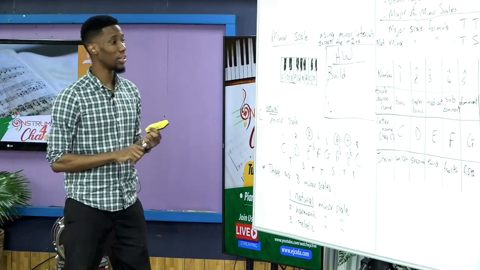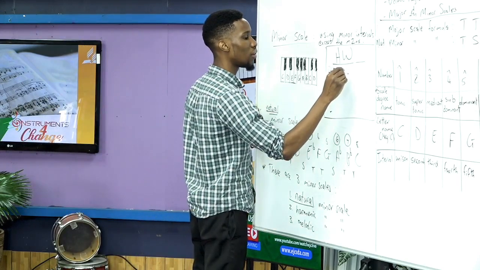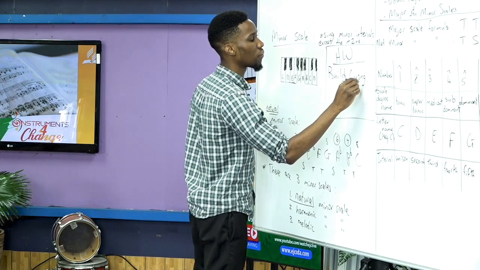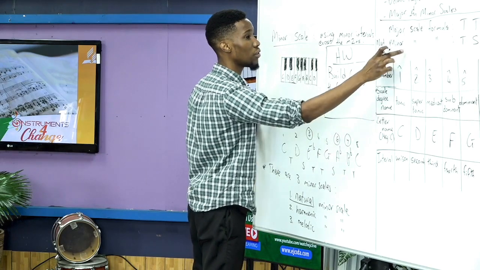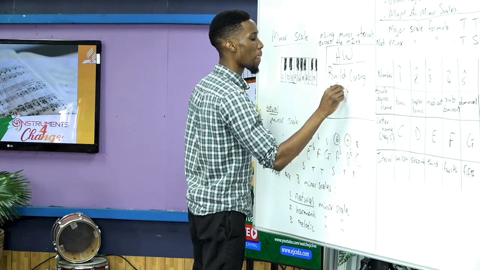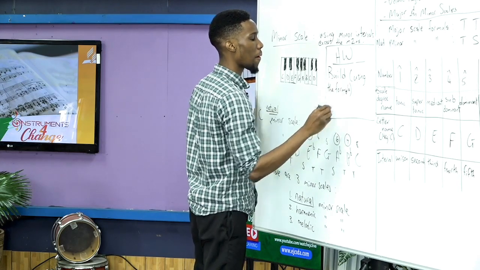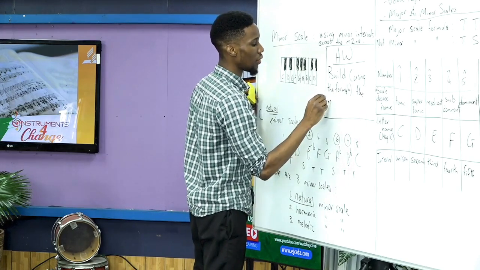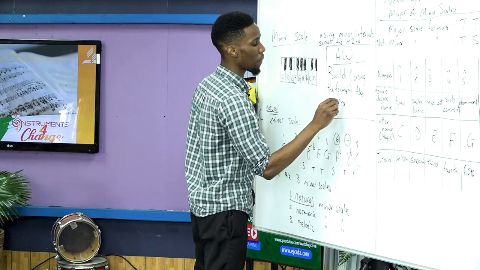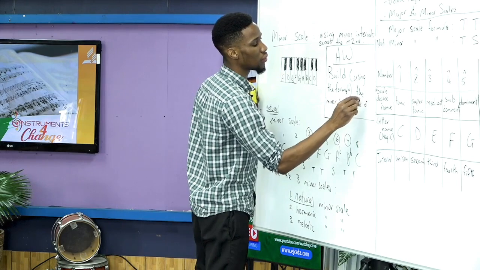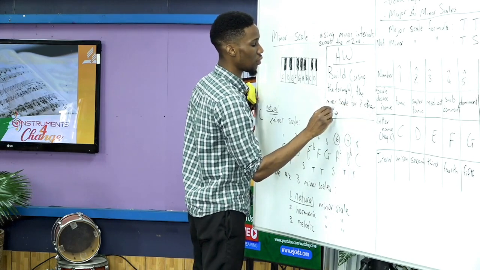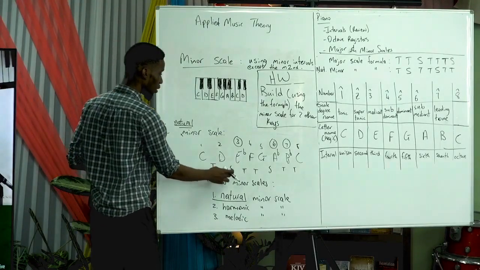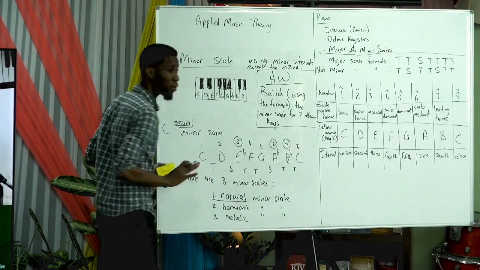So your other homework is build, using this formula, the minor scale for 2 other keys other than C. Other than C, because we already did C. So you're going to use that same tone, semitone, tone, tone, semitone, tone, tone formula.